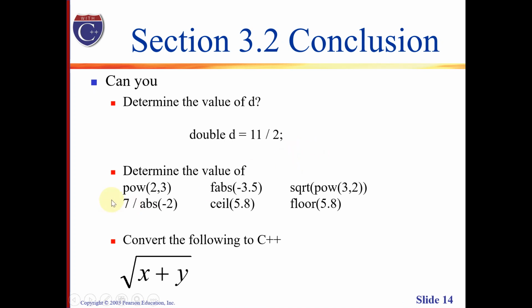For example, you can do the following. You would like to determine the value of, determining the square root of a given number, the absolute value of a given number, and you can even combine different predefined functions just like what we have here.